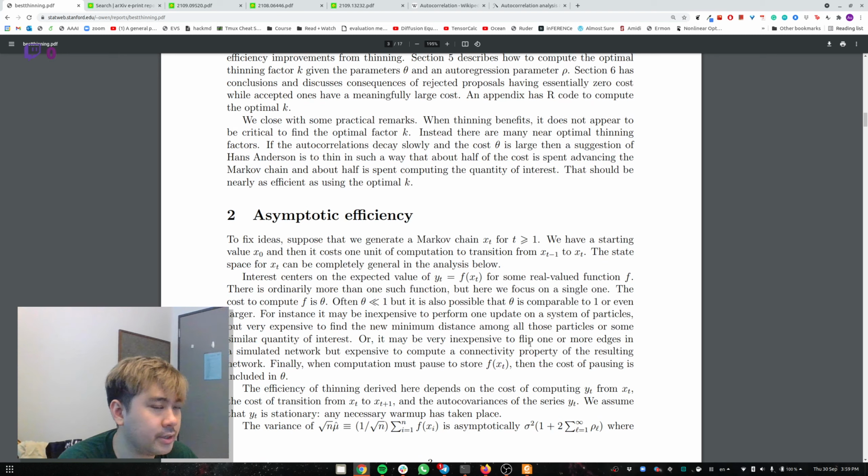The state space can be completely general in the analysis below.